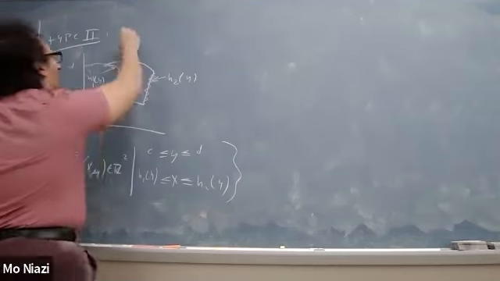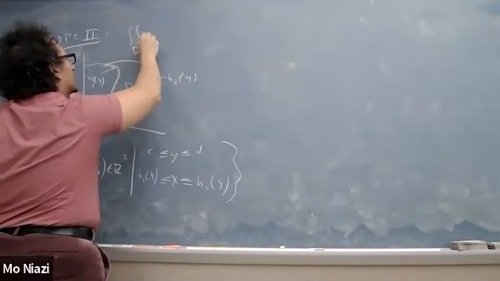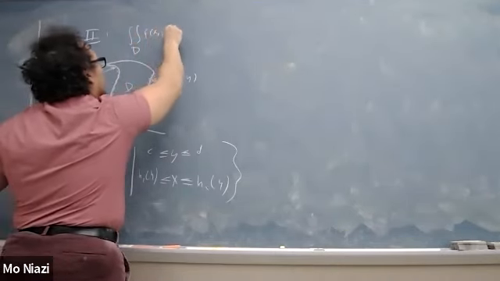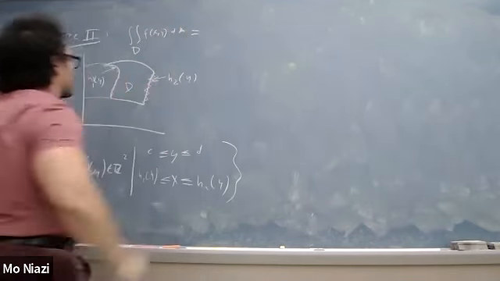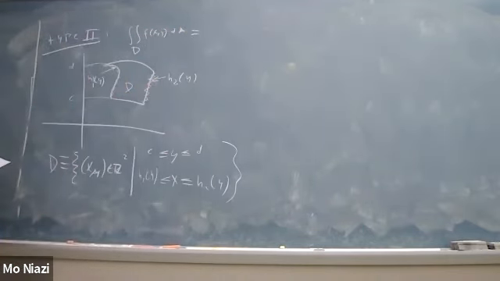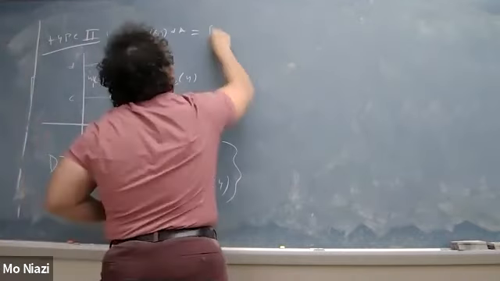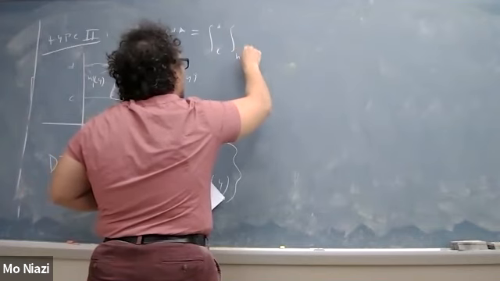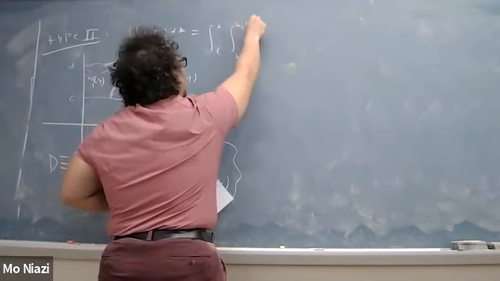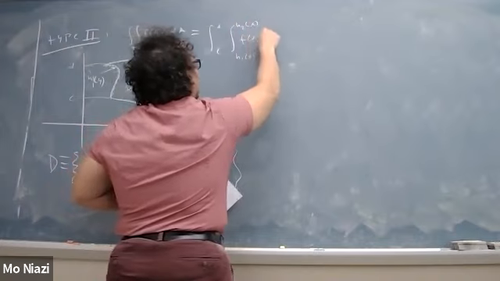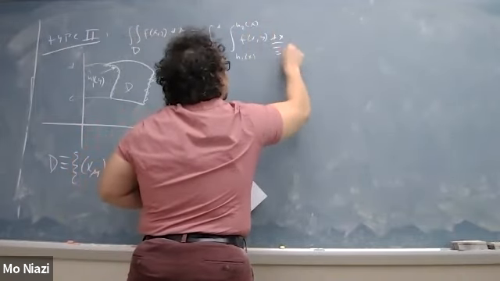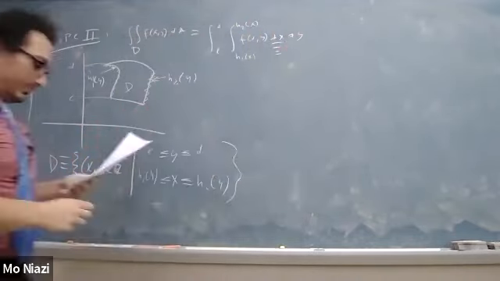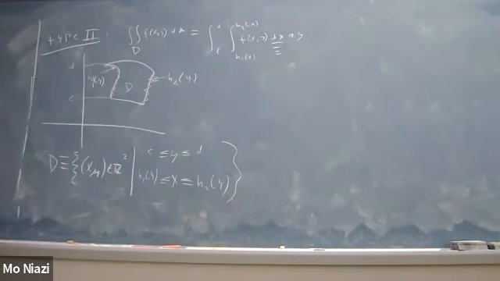So then our integral over D of f of x, y, dA, what does that end up becoming? Well, it just becomes the integral from c to d, integral from h1 of y to h2 of y, f of x, y, dx dy. Notice how that's different than a type 1, where you start off with dy instead of dx. Now dx comes first.